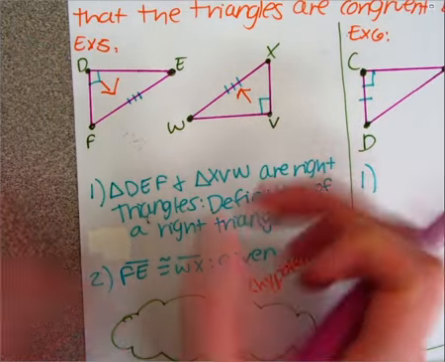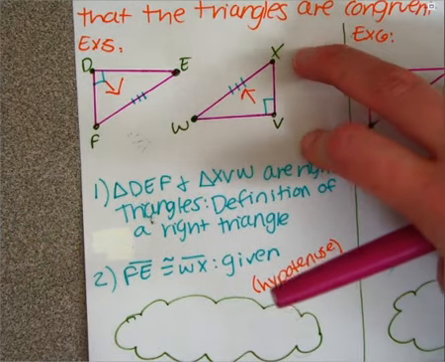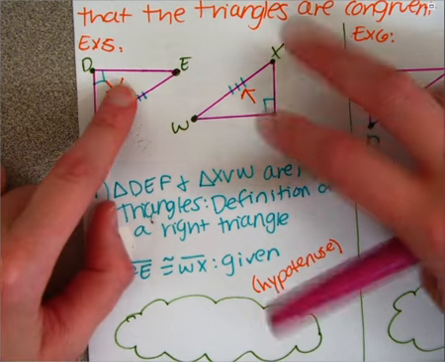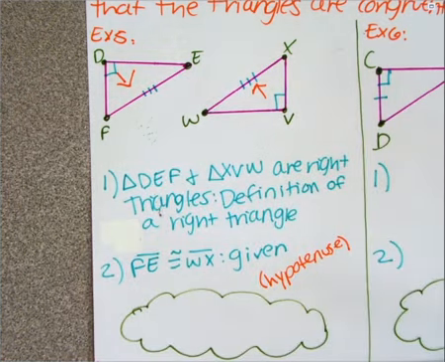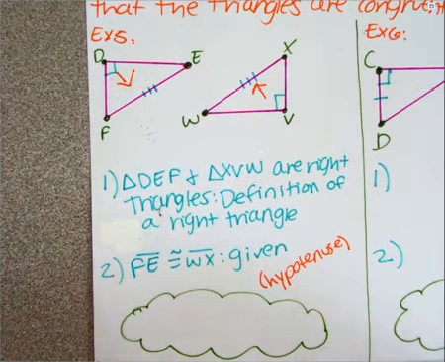Now, it wouldn't be wrong if you said like DE should have been congruent to XV, because again, it does not say drawn to scale, so I can't assume that this is the longest side and that's the shortest side, even though it looks that way. But to keep things consistent, I'm going to say that the two shorter legs could have been marked congruent, or the two longer legs could have been marked congruent.